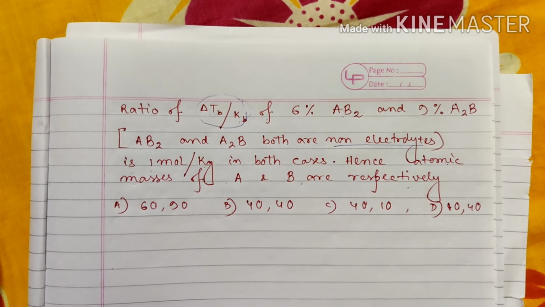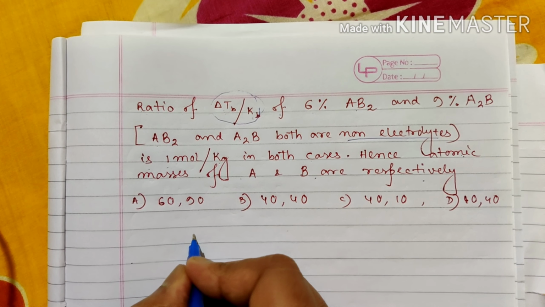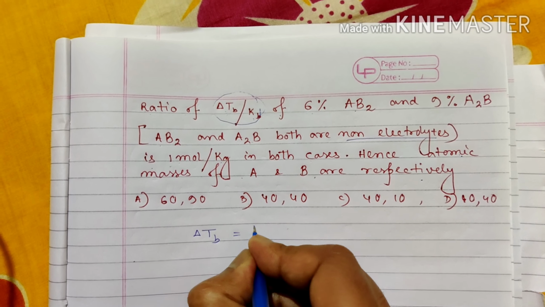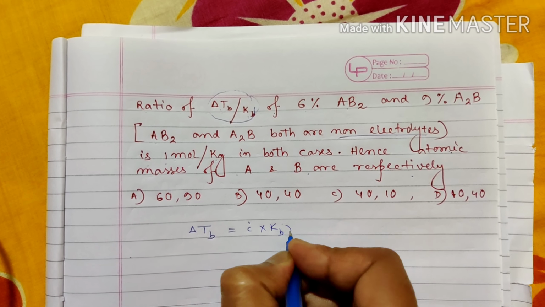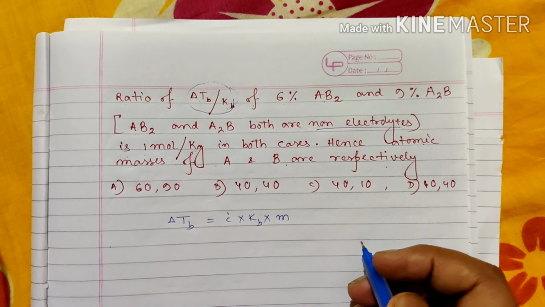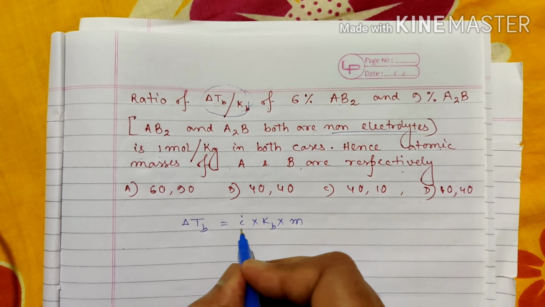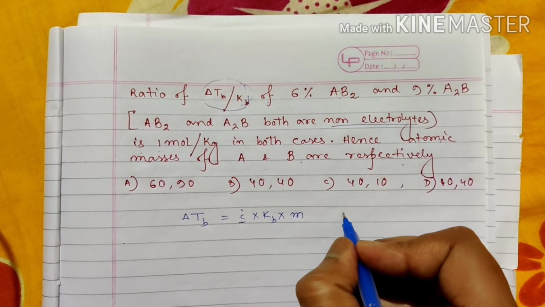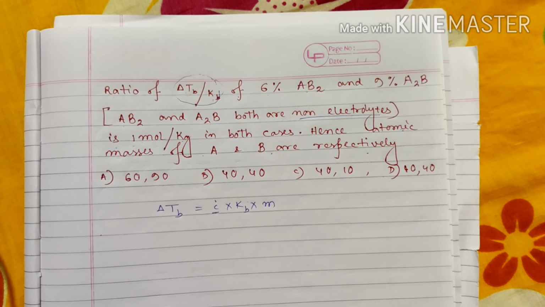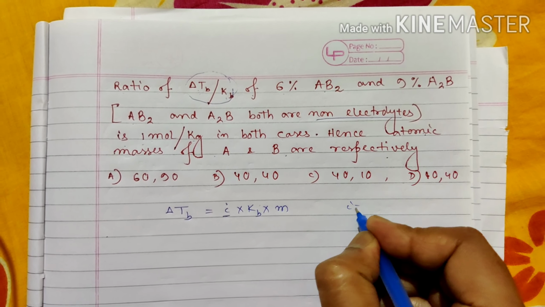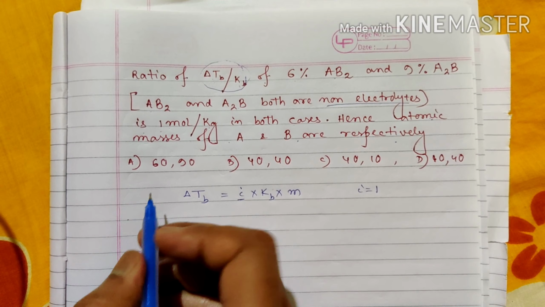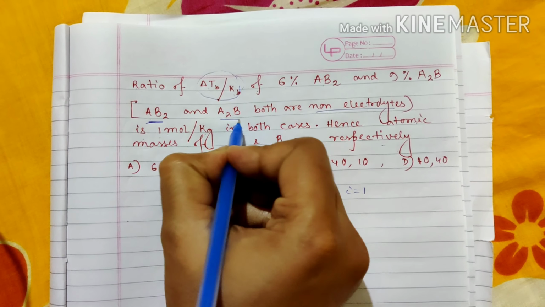Well, to solve this one, let us put the simple formula of delta TB. It is i into KB into m. Now i, as the question suggests, it is a non-electrolyte, so the value of i is 1.